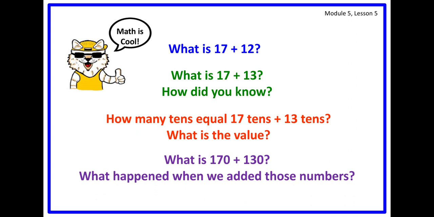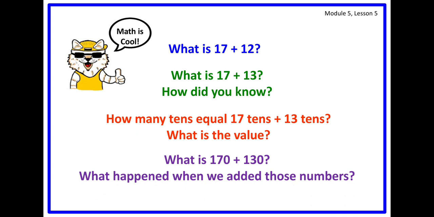When I added 17 plus 12, I got 29. It is a number that is close to a multiple of 10. When I added 17 plus 13, I got 30. That is a multiple of 10.